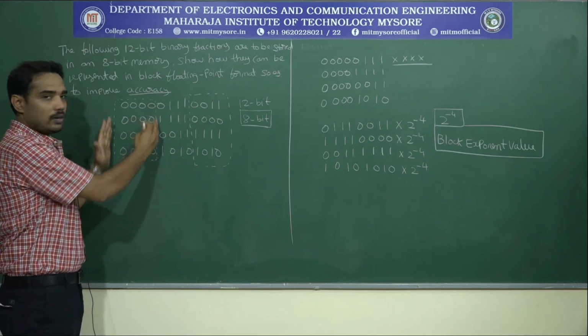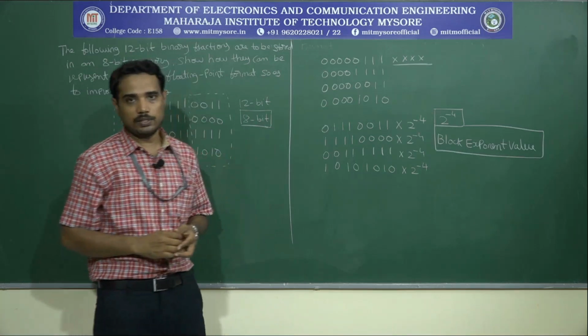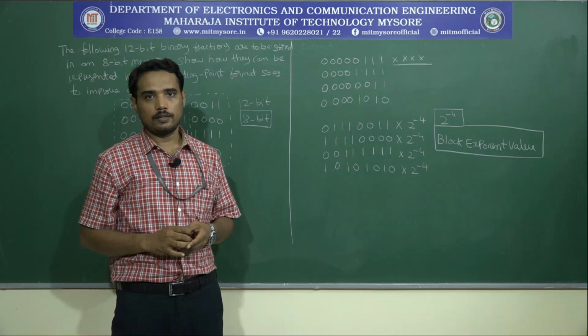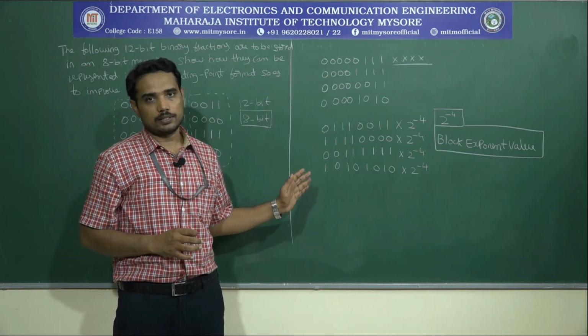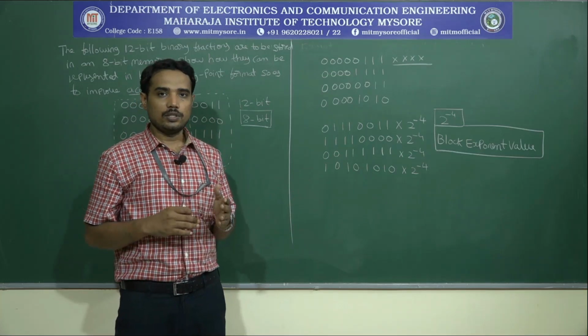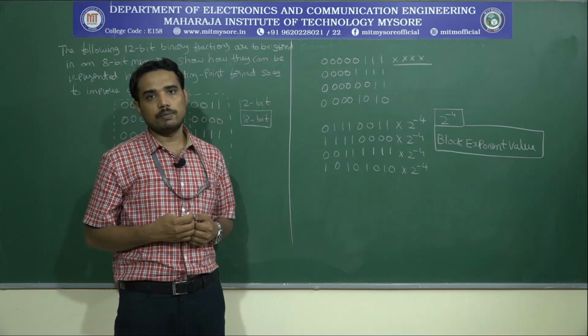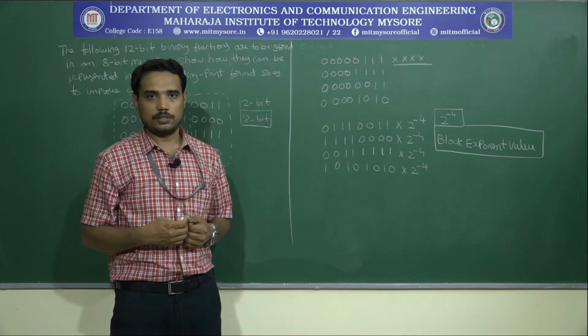That means in the higher order bits, we are going to get zeros. In a shift operation, the vacancy is filled by 0 at the most significant bits. If I do the inverse, that is, if I shift towards left, then the vacancy is filled by zeros at the least significant bits.